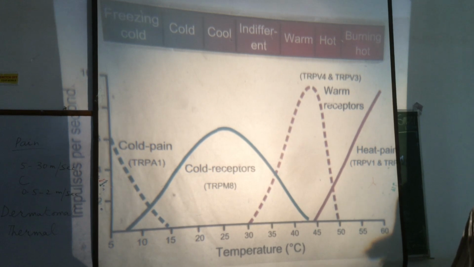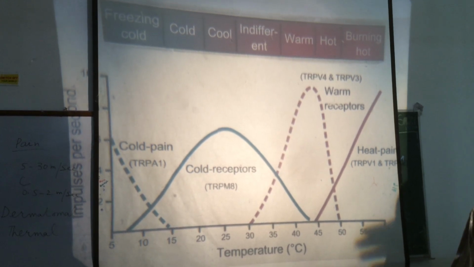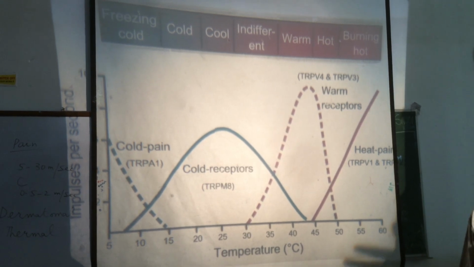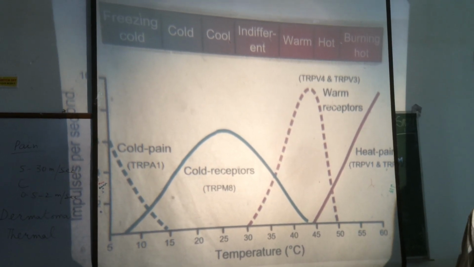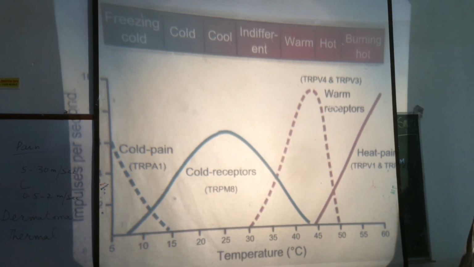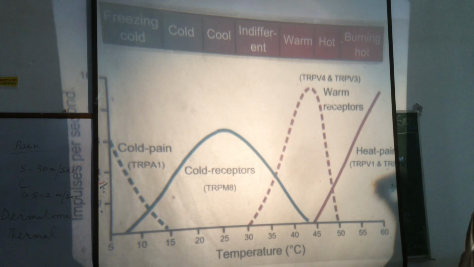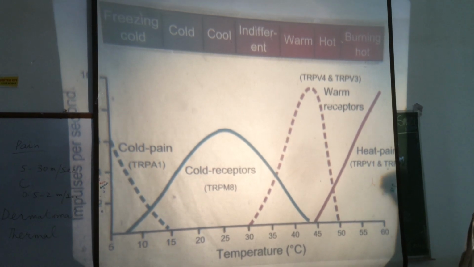Just under the skin, thermal receptors are present, warmth receptors and cold receptors. But these thermal receptors are in aggregations, or spots.